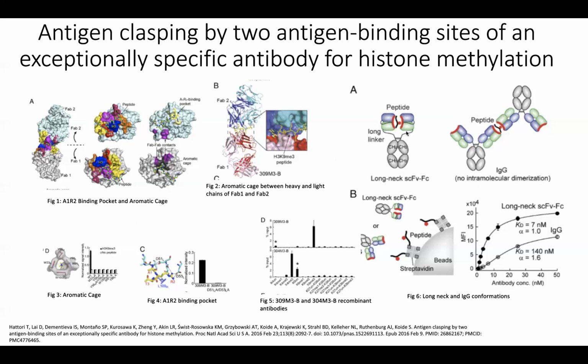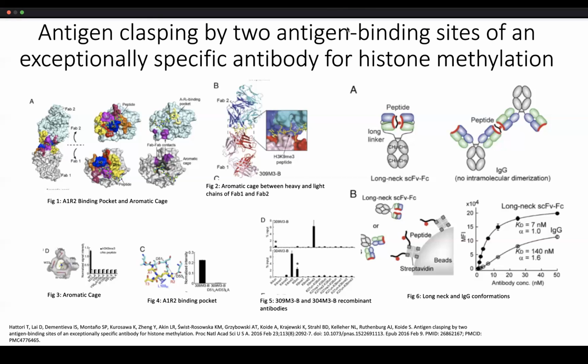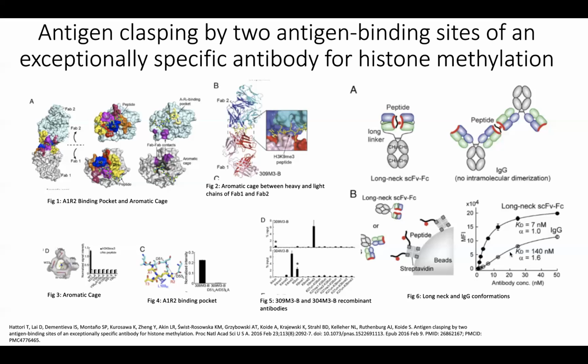The engineering in this paper used a different kind of structure called a long neck scFv-Fc, which actually uses a long linker to create a dimer of the two FAB heads, which will clasp the antigen in a more direct way, basically.